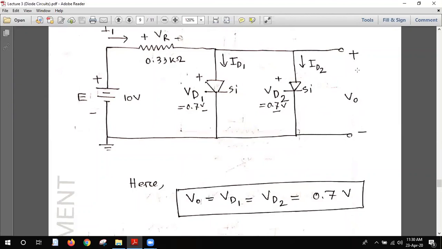The V output is also in parallel with these diodes, and in a parallel branch the voltage remains the same. In a series circuit the current is the same, and in a parallel circuit the voltage across the parallel branches is the same. The V output is basically the voltage across this diode or that diode. So the V output equals VD1 or VD2, which equals 0.7 volt. Very interesting.